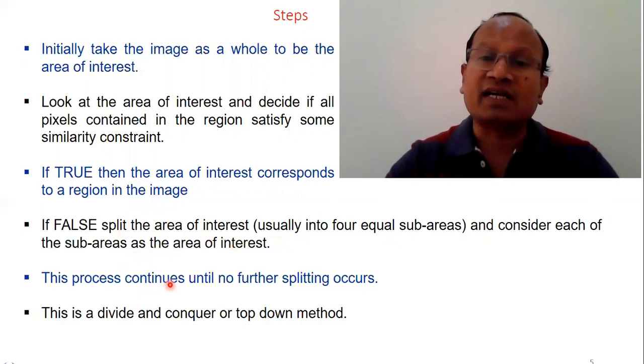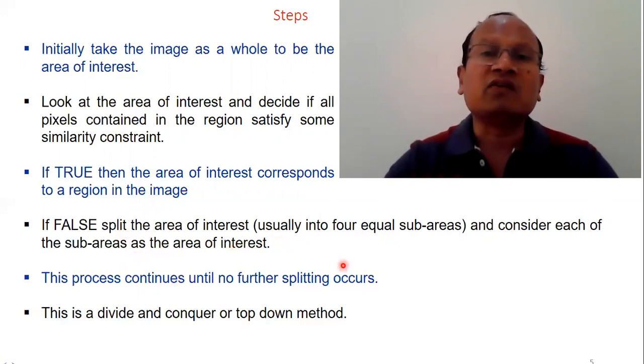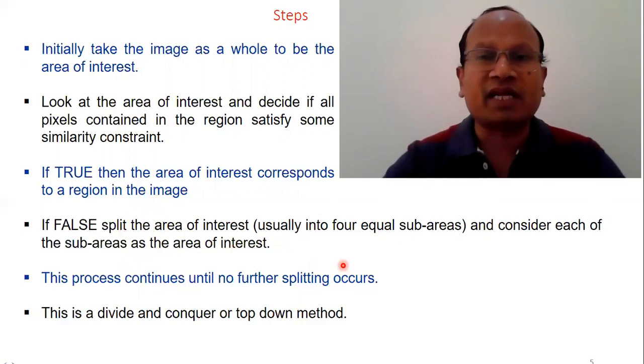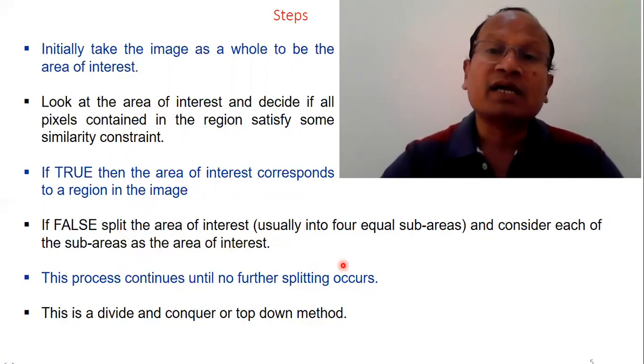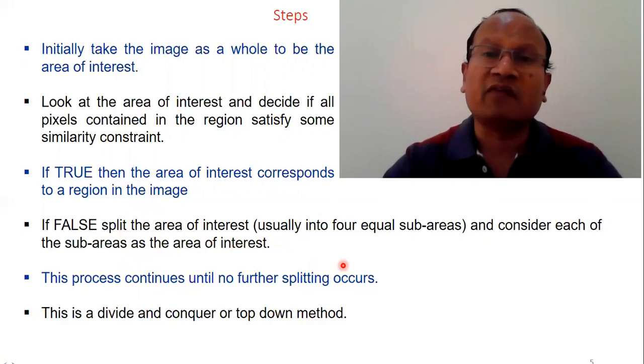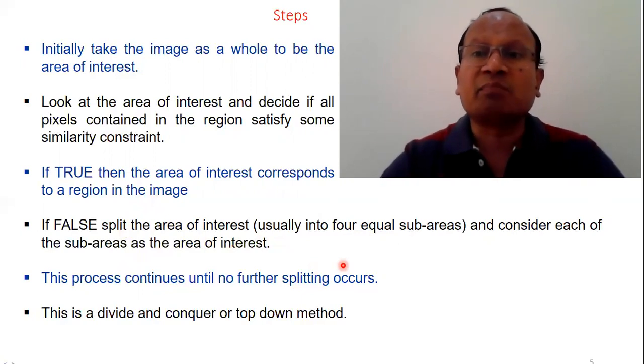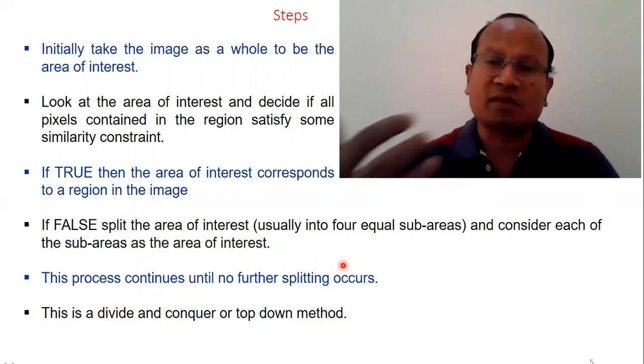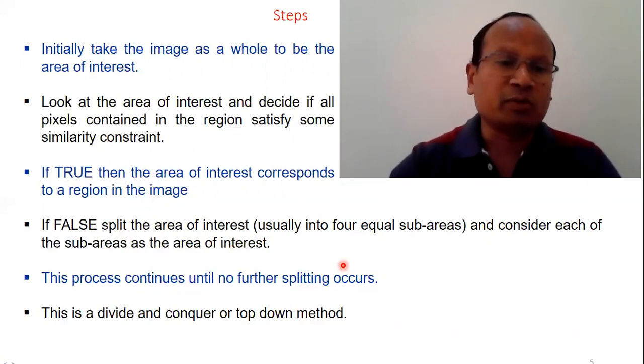This process continues until no further splitting occurs. As I told you, we have to keep on splitting until there is no more disjoint region. If we still find some portion with a disjoint region that can be separated from one area, we have to do it.